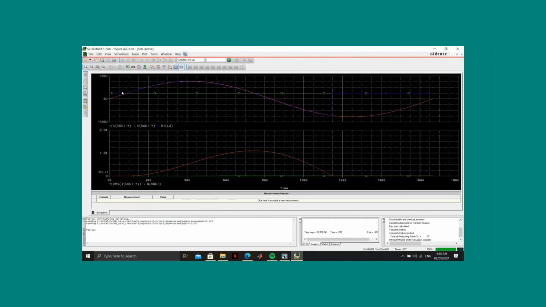And as the AC source reaches a certain voltage, which is negative 283, the cut-off voltage for the diode, the diode would turn off, which means only the DC source would be the active voltage source for the circuit. This means that the power waveform across the DC source would slowly degenerate or become less in value.